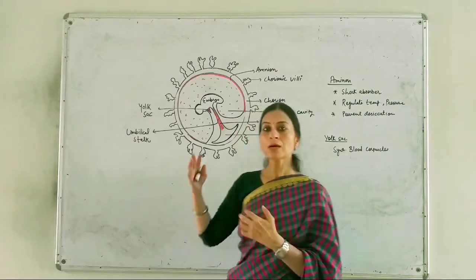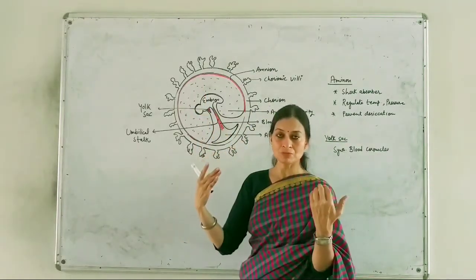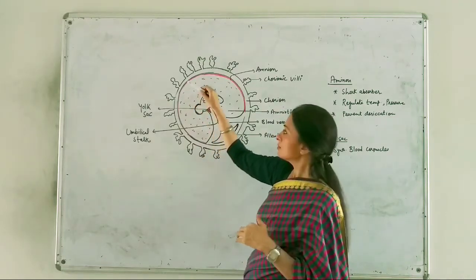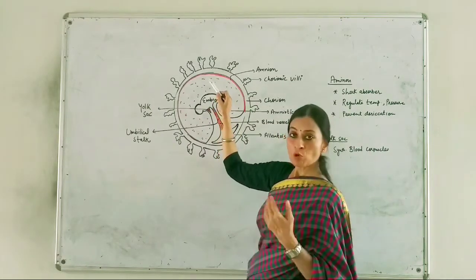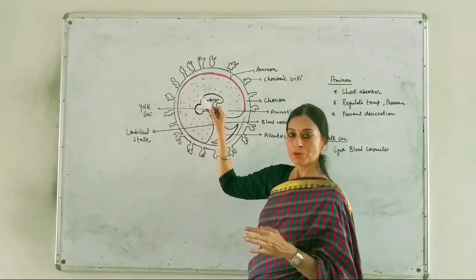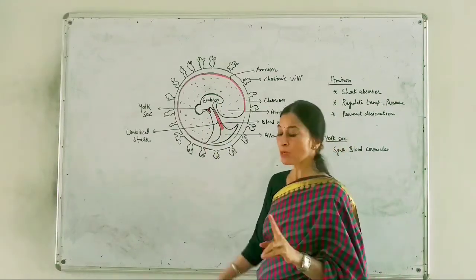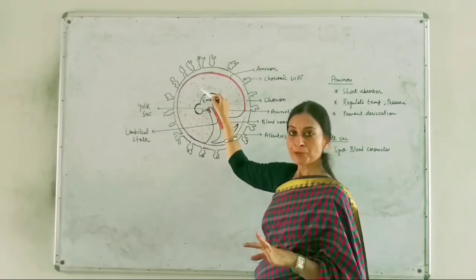Movement of the embryo is possible just because of this liquid around this embryo, which is actually secreted by the cells of this second extra embryonic membrane, which we call as amnion. Okay, so these are the two types of extra embryonic membrane. One is the outermost chorion, second is the amnion.